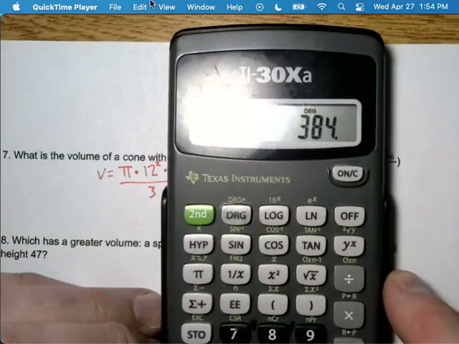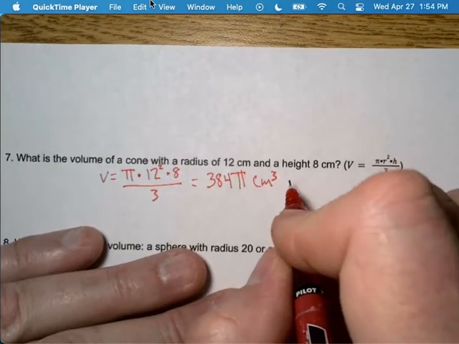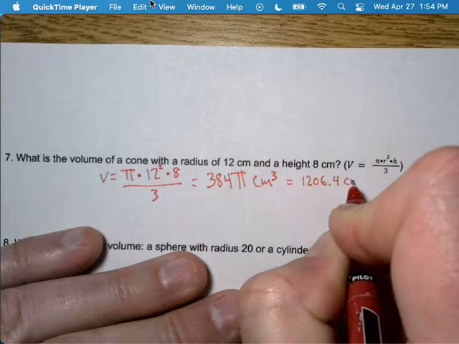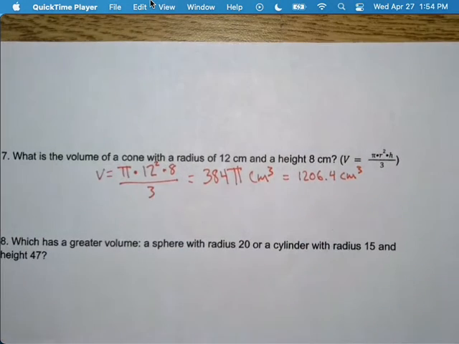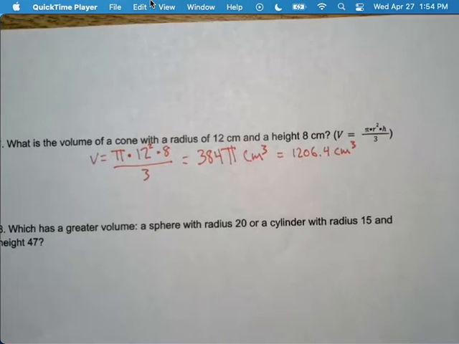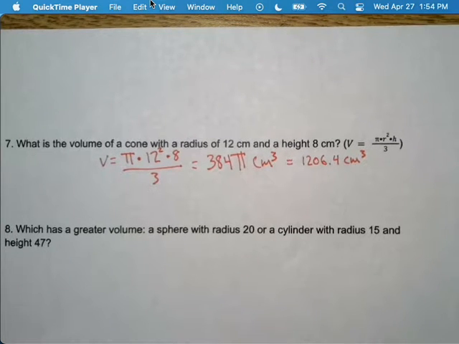And if you want to hit times the pi button on the calculator and do 1,206.4, that's okay too. 1,206.4 centimeters cubed. Okay. We good there? No? Okay, still writing.